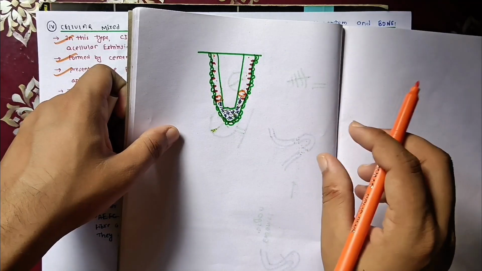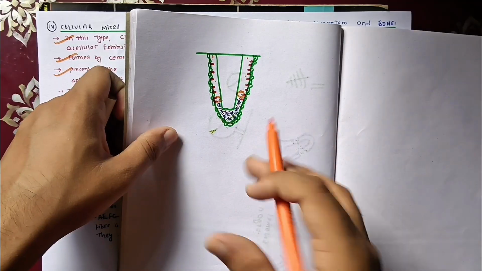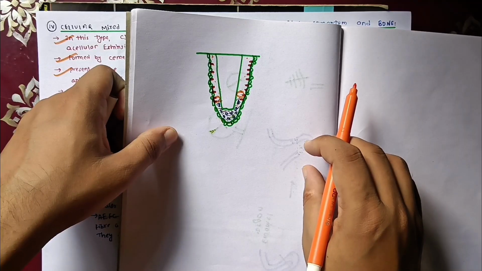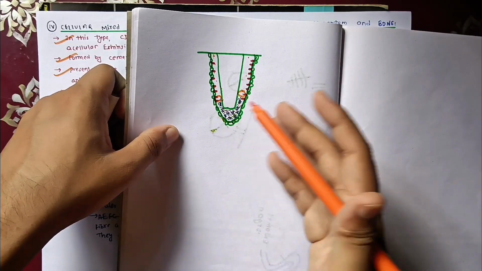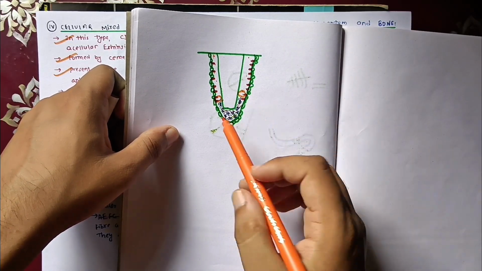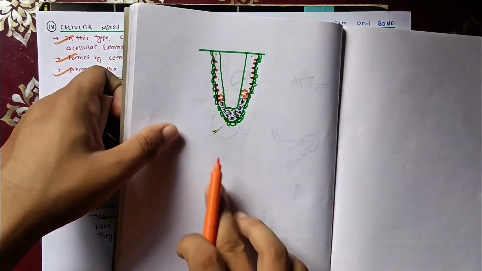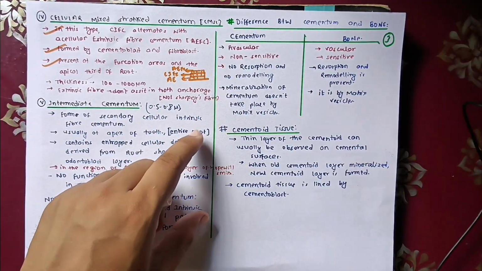So in some portion of the apex of the root you will see the stratification, and you will also see the extrinsic fiber. The acellular extrinsic fiber cementum, AEFC, is also present there. So in some areas of the apex and also in the furcation, there is presence of this CMSC, cellular mixed stratified cementum.